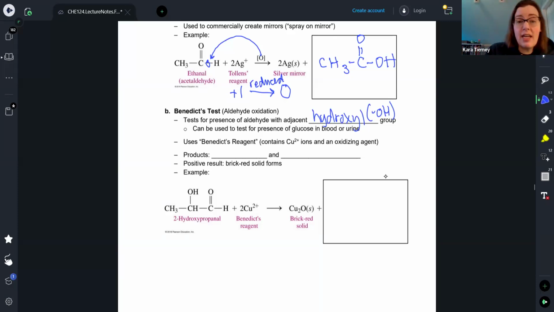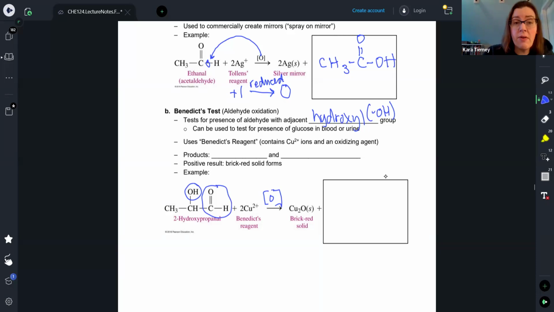When we add in an oxidizing agent, so I'm just going to add that oxidizing agent. Once again, we see the compound. So here we have 2-hydroxypropanal. You wouldn't have to name this, but we have an aldehyde with a neighboring alcohol. So that's what it tests for. The aldehyde is the reactive part of this molecule.